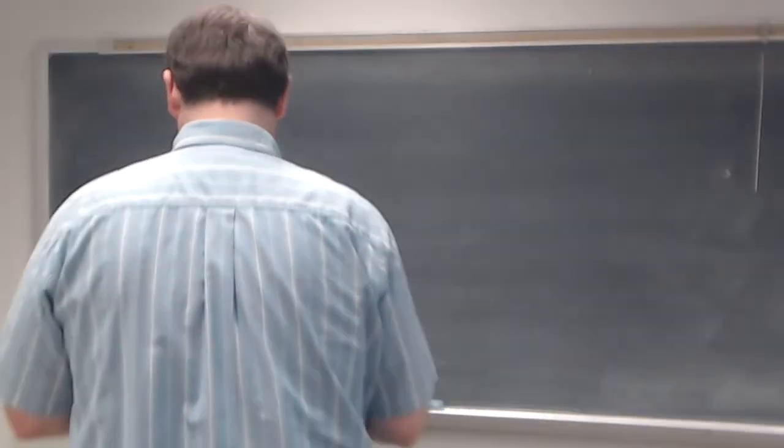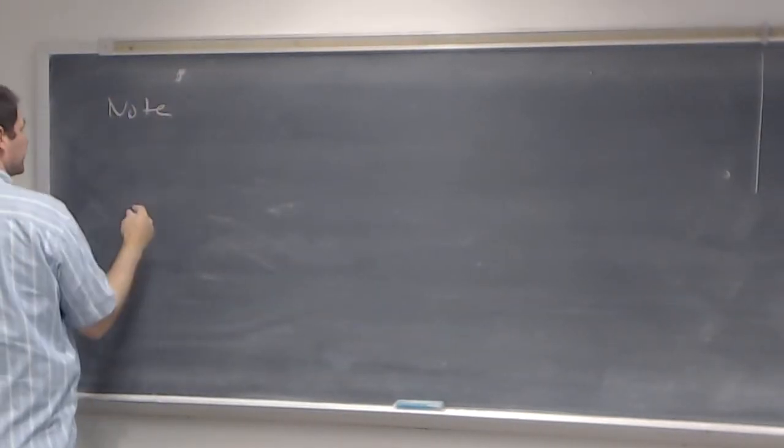Okay, so now we're going to show that h prime is 0 for some x in the open interval from a to b. Now, here's the first thing we'll note in this process.